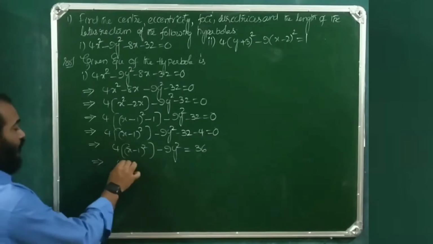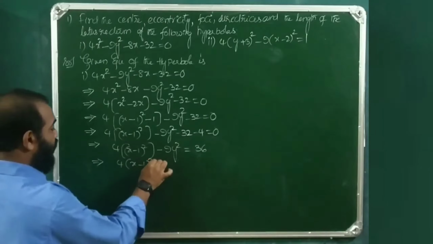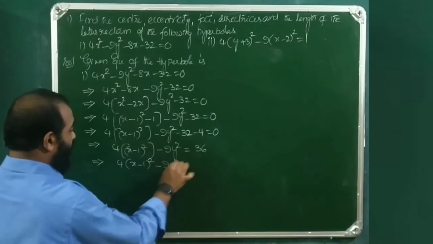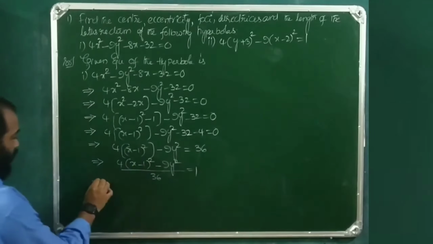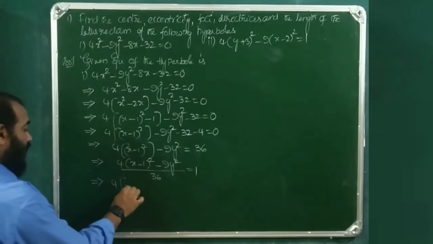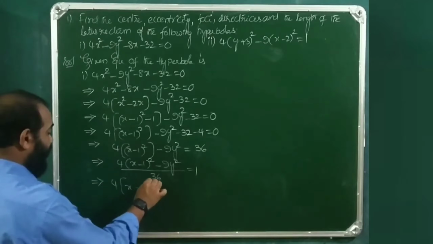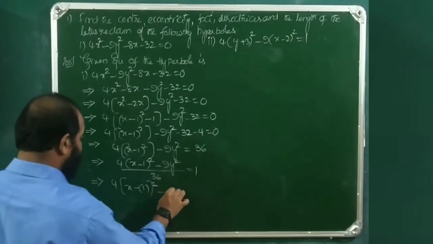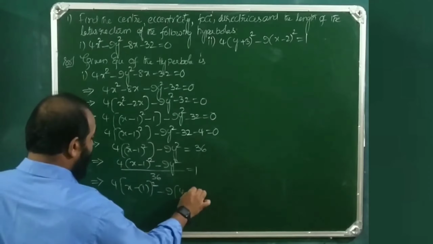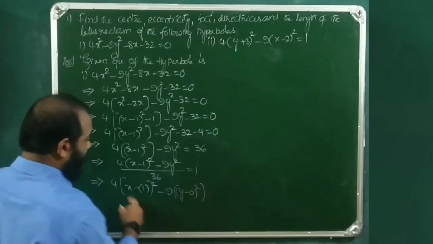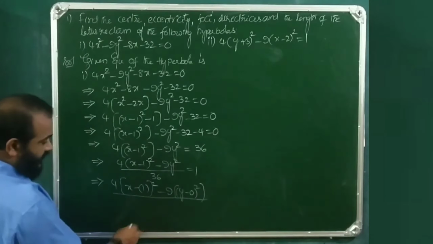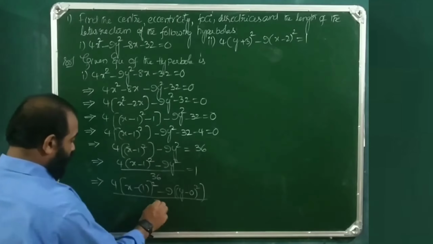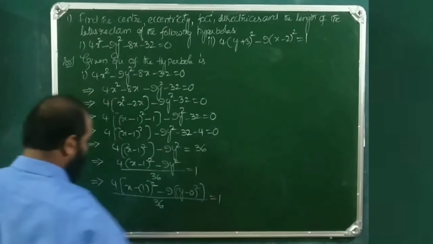So this is 4 into (x minus 1) whole square minus 9y square by 36 equals 1. So this is 4 into (x minus 1) whole square minus 9 into (y minus 0) whole square, over 36, equals 1.